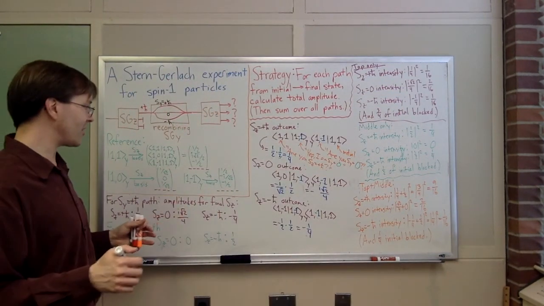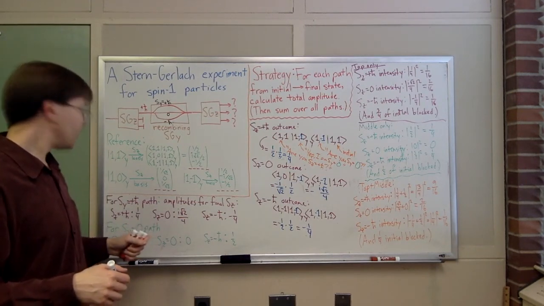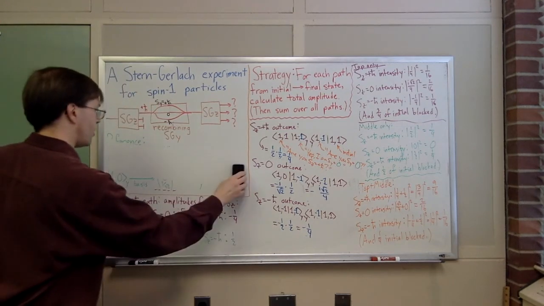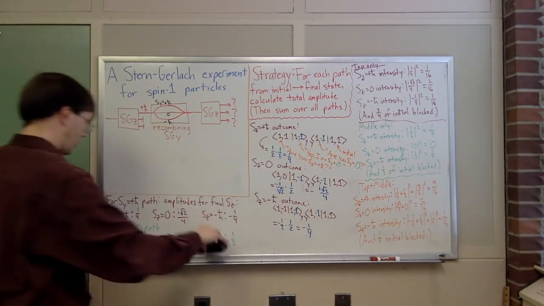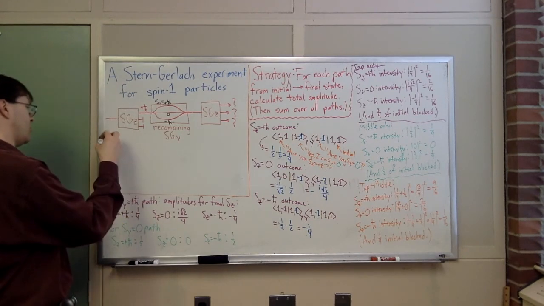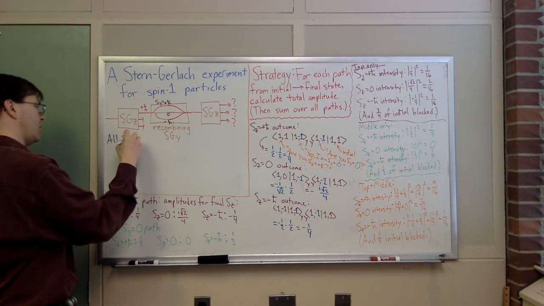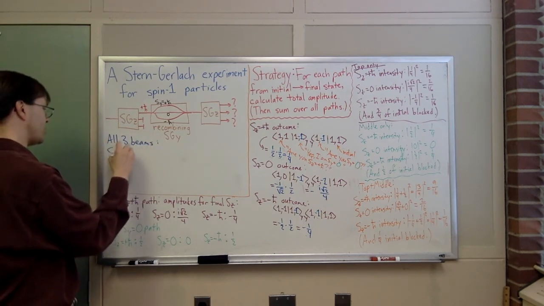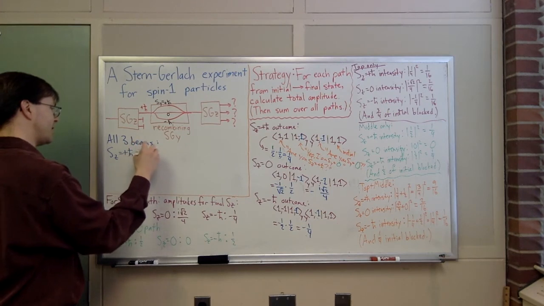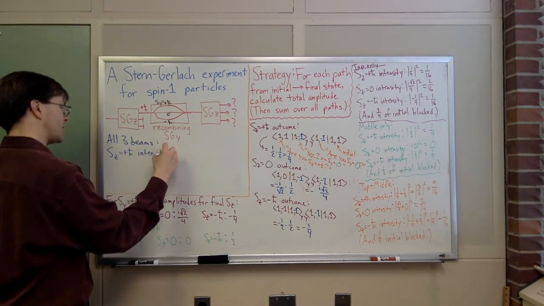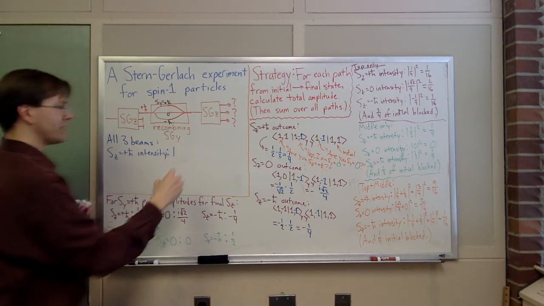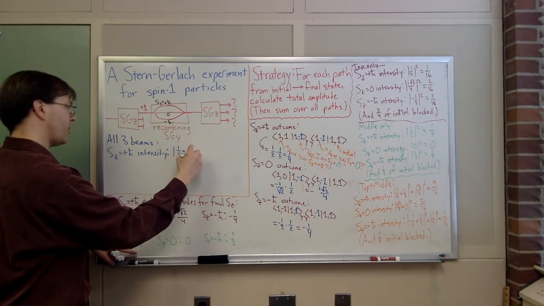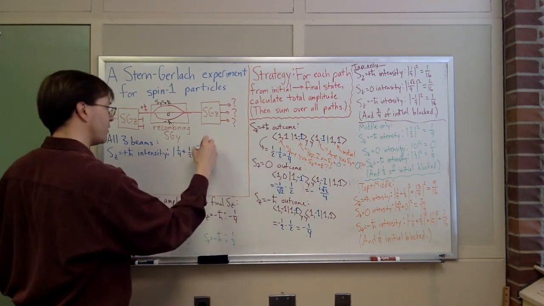But adding it all together, what happens for our totals? Where can I put my totals? Let me put my totals here, now that I've used this all up. If I do all 3 beams, I'll find that my Sz equals plus ħ intensity is going to be the absolute square of, let's add up the amplitudes, 1/4 plus 1/2 plus 1/4 over here, squared.